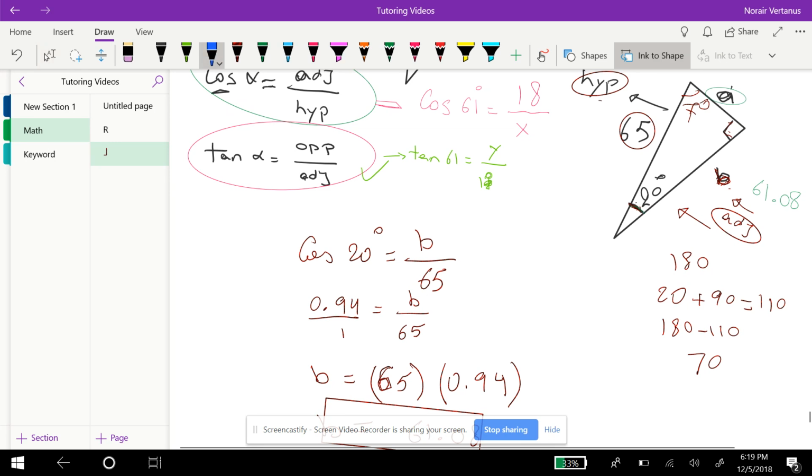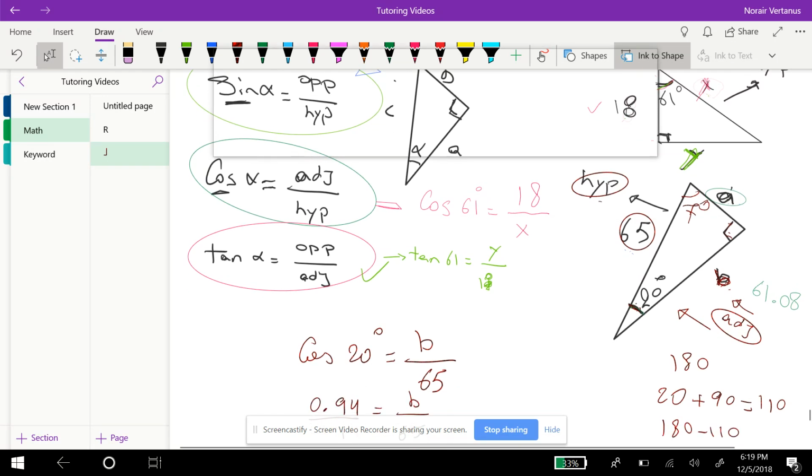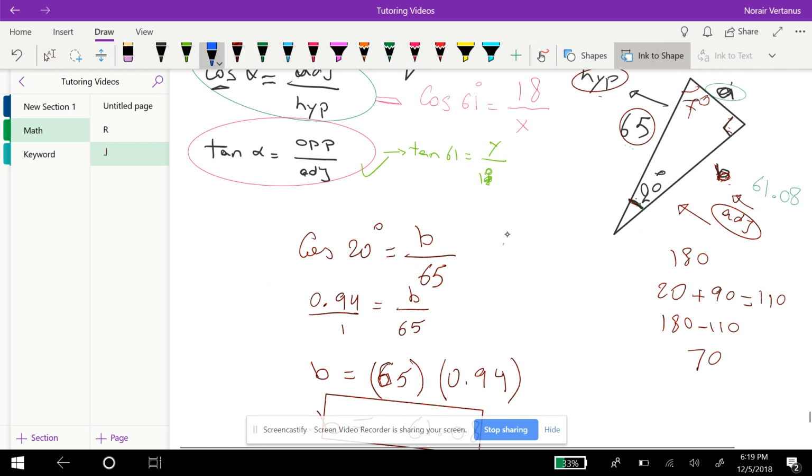I want to find A that's opposite to 20 degrees, and I have the hypotenuse. So opposite and hypotenuse, which one is that? Opposite over hypotenuse. So sine of 20 is equal to opposite, which is A, over 65.